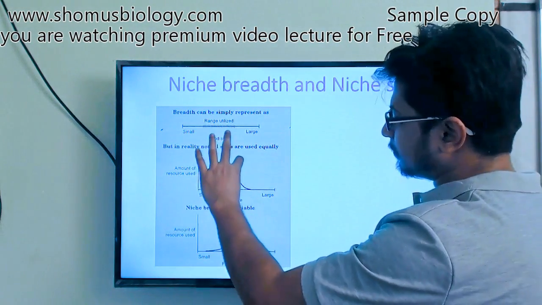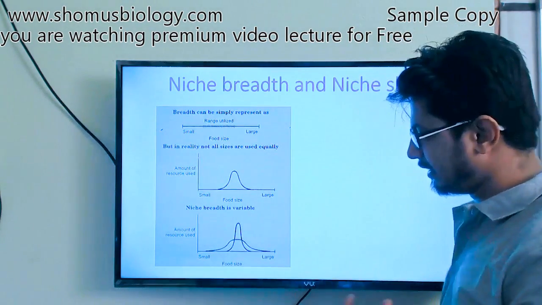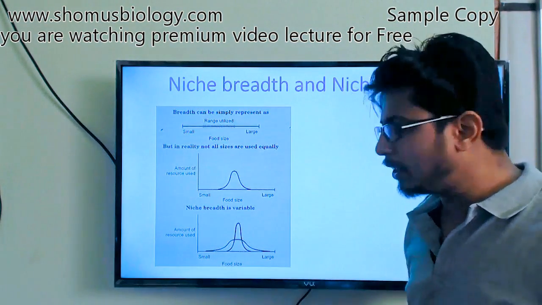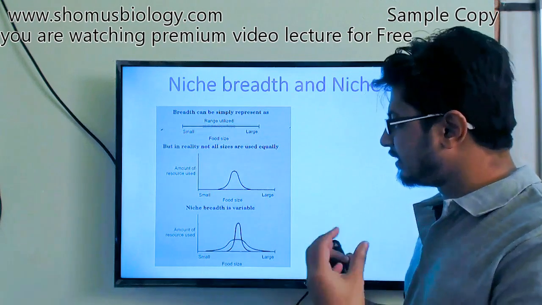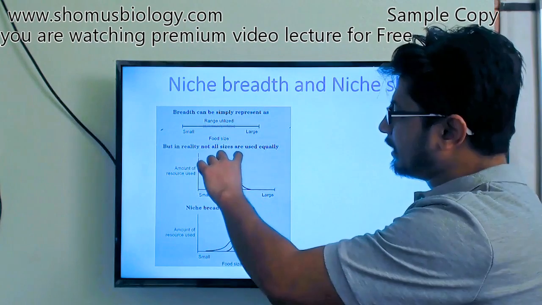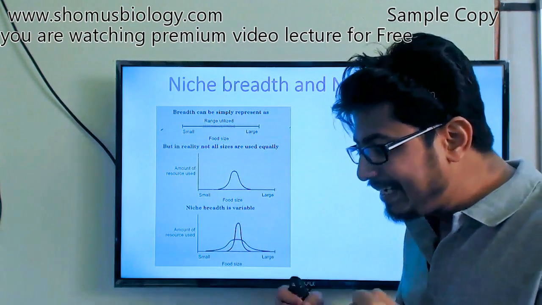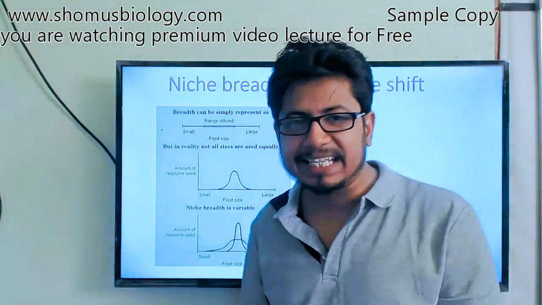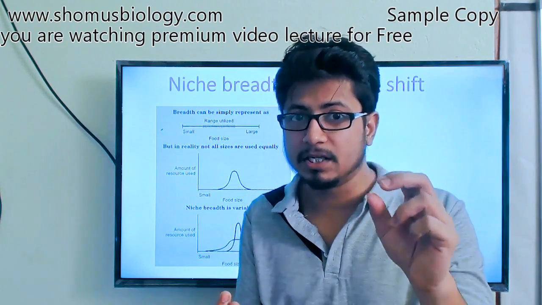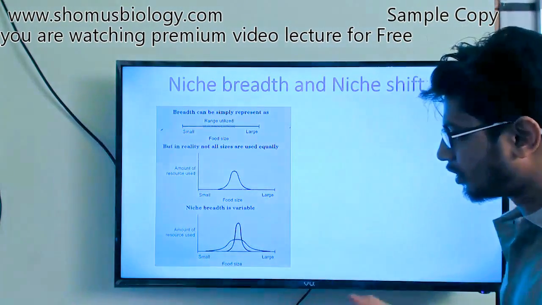Maximum birds are eating something moderate in size. So in this population, if all the birds have the same beak size and depth, they're all eating the medium seed, and that may lead to competition, because all of the birds share a common food source, and that's not good.